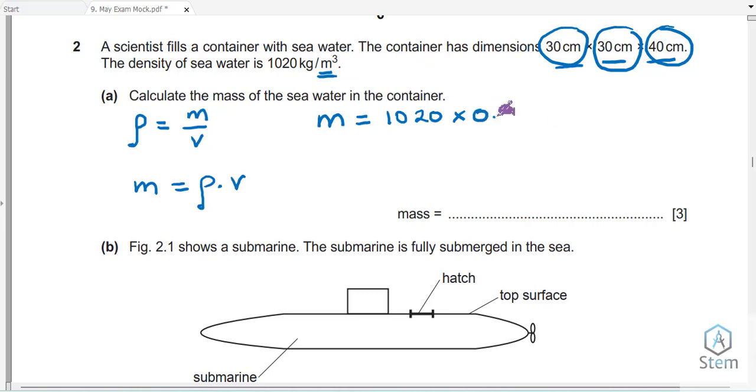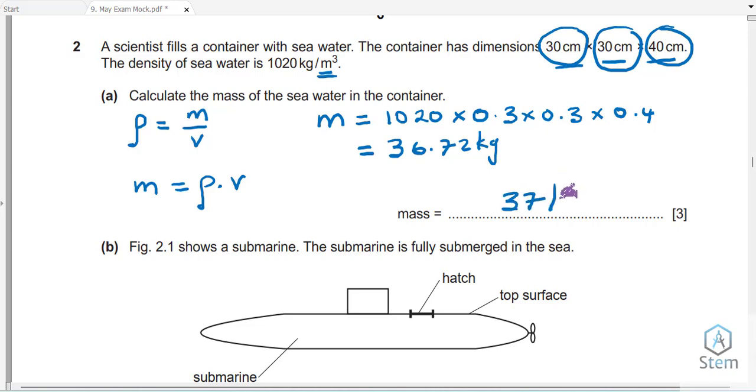So that's going to be 0.3 times 0.3 times 0.4. I'll punch in the calculator. All right, I am getting 36.72 kgs, which we can round off to 37 kgs.